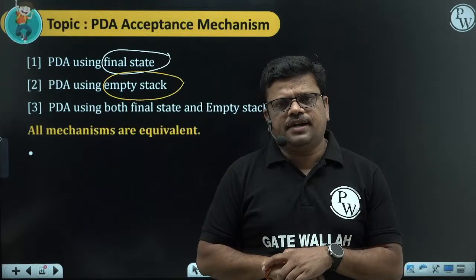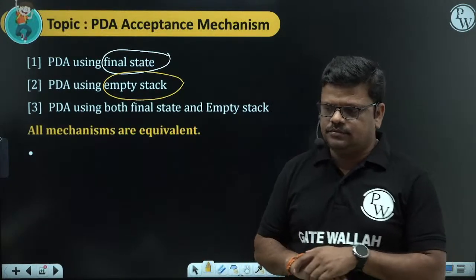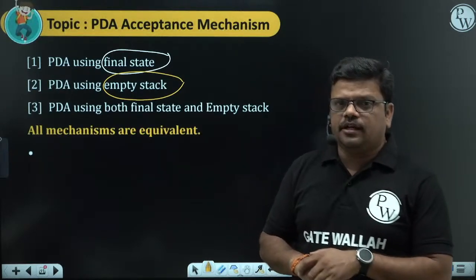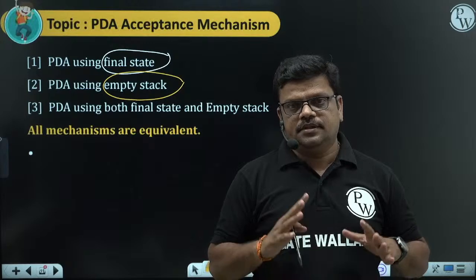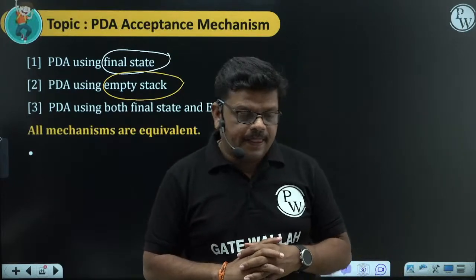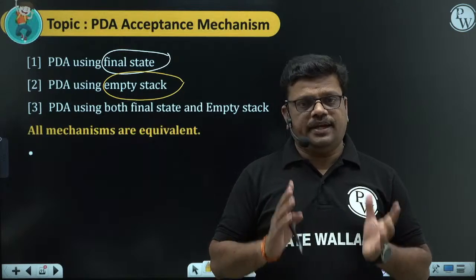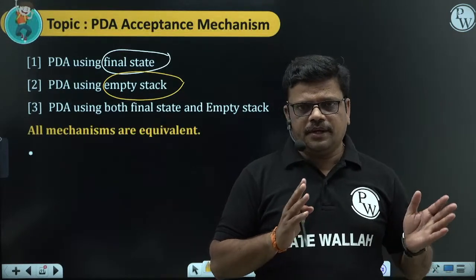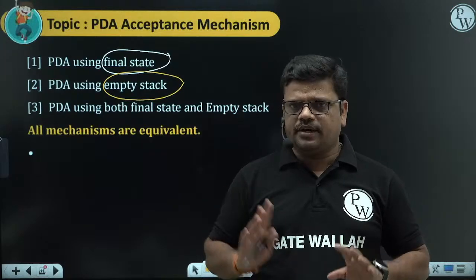If you compare with finite automata, this is the specialty of the pushdown automata. Due to this, so many confusions arise, and many questions also arise in the GATE paper on this acceptance method. In finite automata, how are strings accepted? By final state. If a string reaches a final state, it is accepted; if not reached, not accepted.